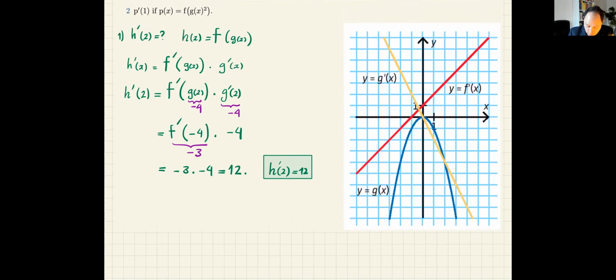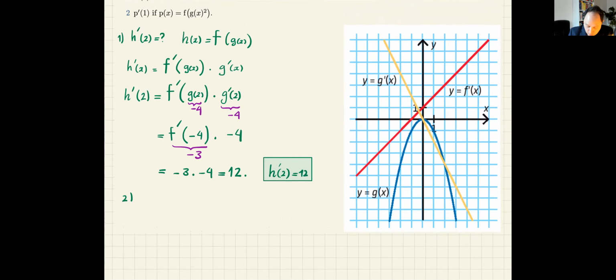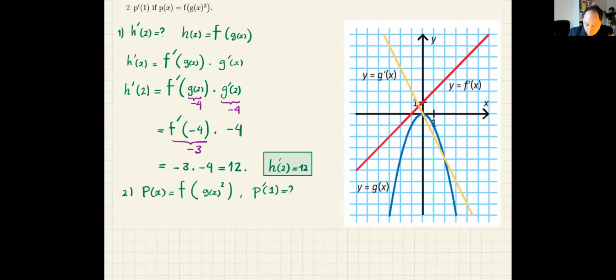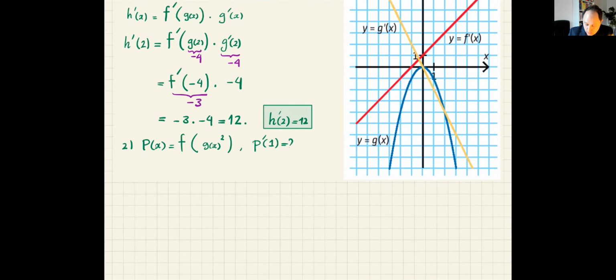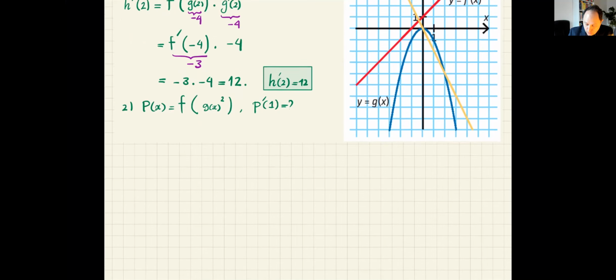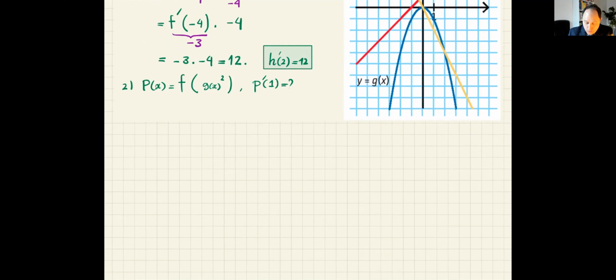So let me write it here in front of our eyes. So p of x is given to be f of g of x squared, and then we are supposed to calculate p prime at 1. For the time being, I don't need the graph, so let me just focus on differentiating this function.